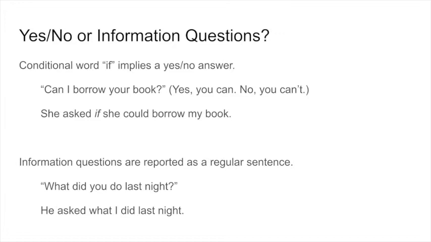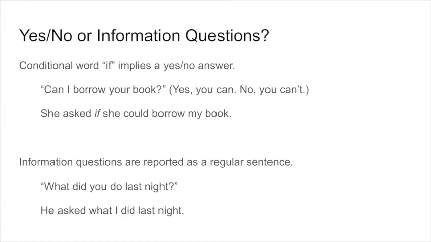Yes or no questions are the ones that have an answer of only yes or no. Information questions are the ones that need some piece of information, something new, not just yes or no. So let's start with yes or no. It says conditional word if, the word if implies a yes or no answer. So we're always going to use the word if when we're reporting yes or no questions.